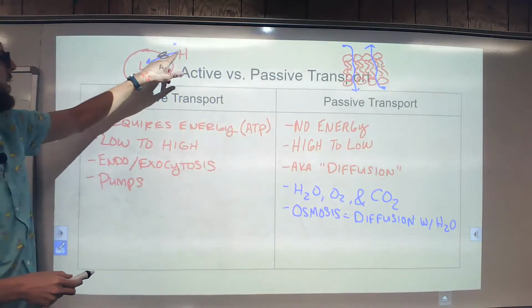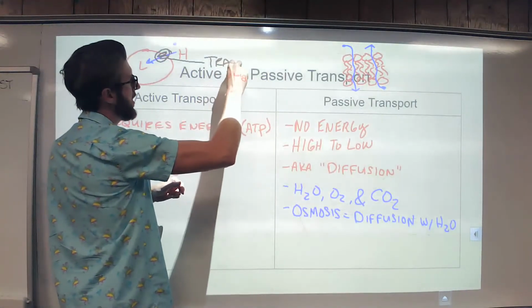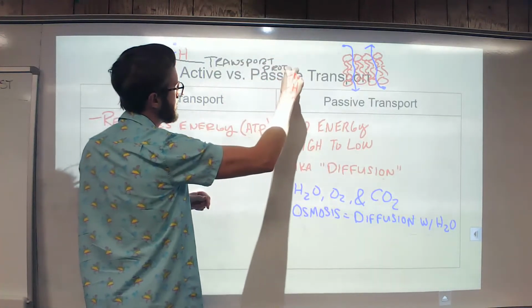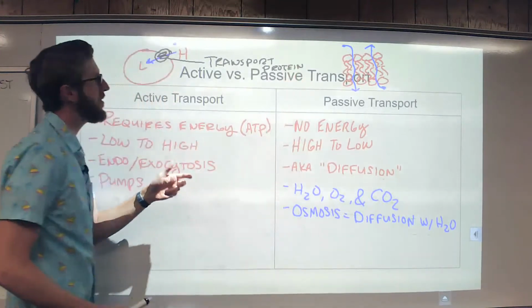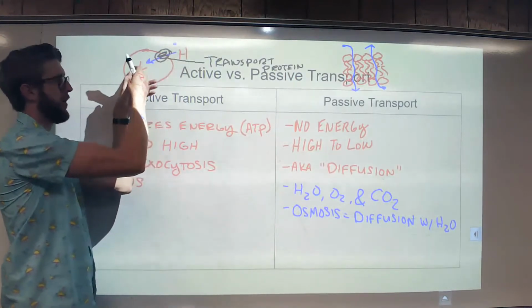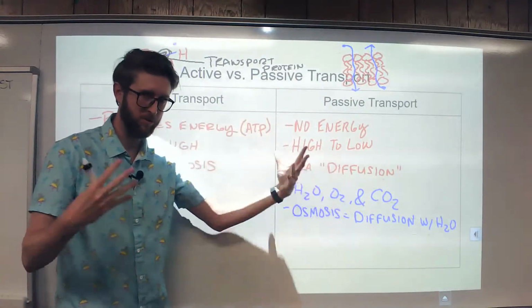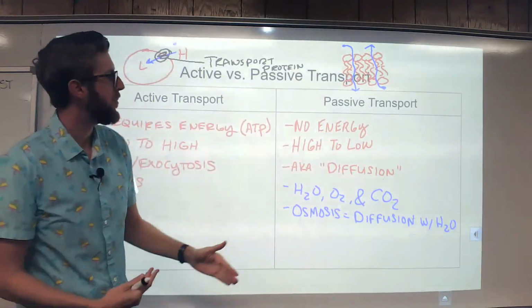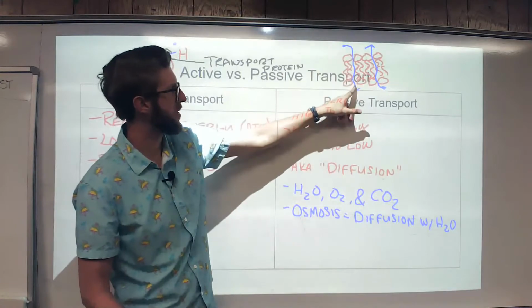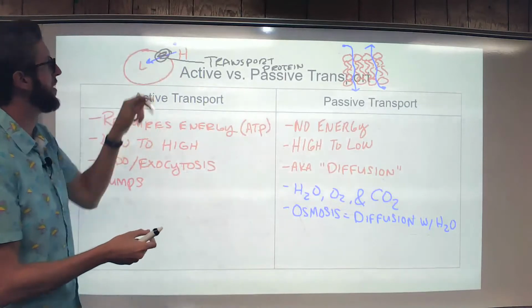And the transport protein is the thing that I showed you on the other slide at the very beginning. Now, this is still diffusion, because we're going from a high concentration to a low concentration. And anytime you go high to low, that's passive, which is also diffusion, right? So it's still diffusion, but instead of a regular kind of diffusion like these guys do here because they're tiny enough, they have to go through basically a doorway in the cell membrane.